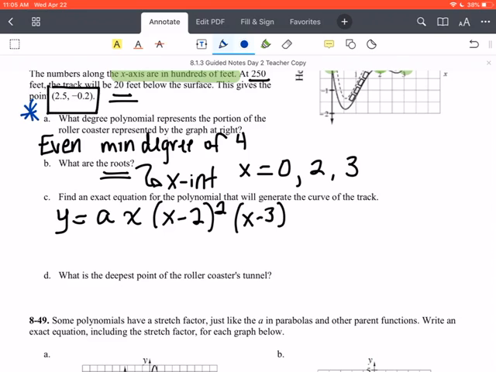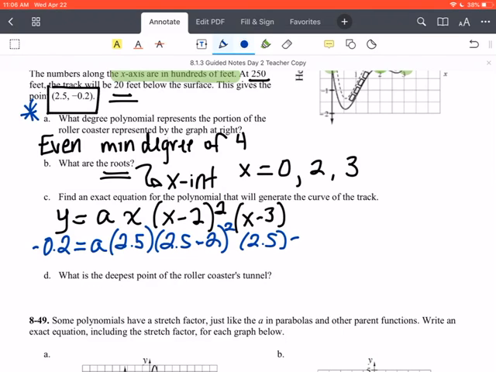And then we're going to solve for A. So we have -0.2 = A(2.5)(2.5 - 2)^2(2.5 - 3). Don't close the parentheses until the end.